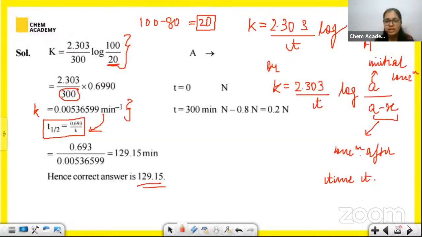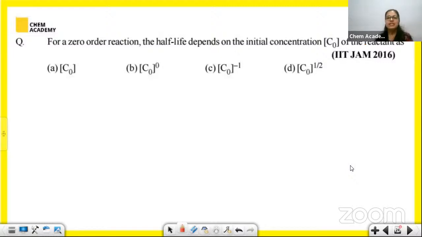So moving on to the next question. Now here it says that for a zero order reaction, the half-life depends on the initial concentration C0 of the reactant as. We are told that it is a zero order reaction. We have to find out the half-life on the initial concentration C0.